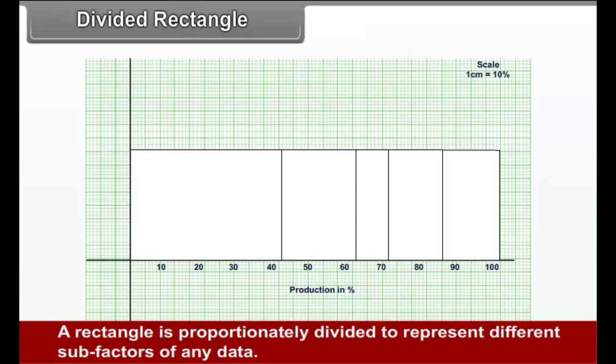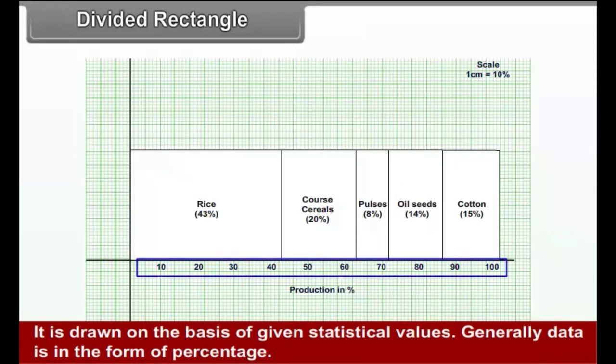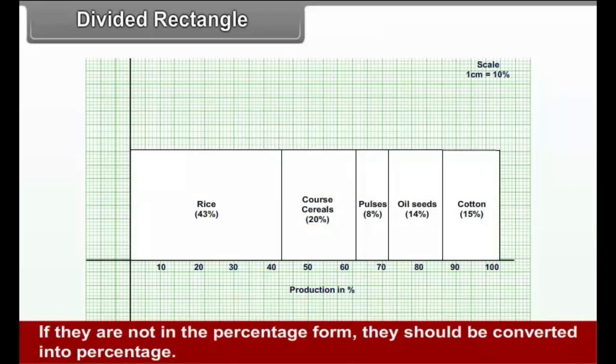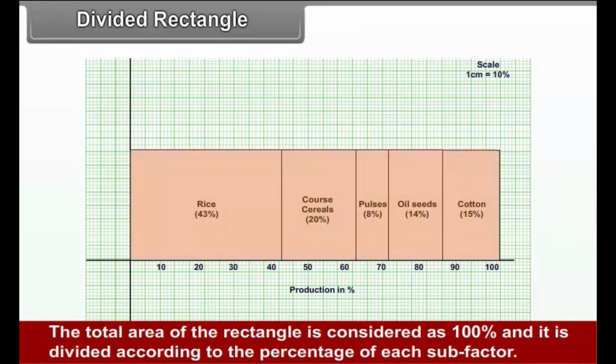Divided rectangle. A rectangle is proportionately divided to represent different subfactors of any data. It is drawn on the basis of given statistical values. Generally, data is in the form of percentage. If they are not in percentage form, they should be converted into percentage. The total area of the rectangle is considered as 100% and it is divided according to the percentage of each subfactor.